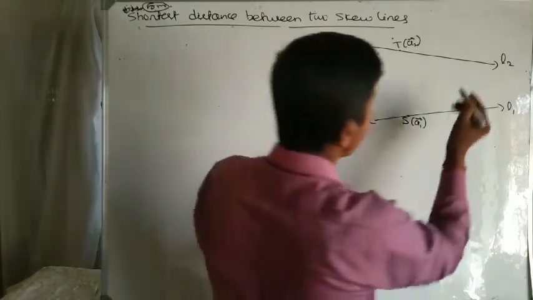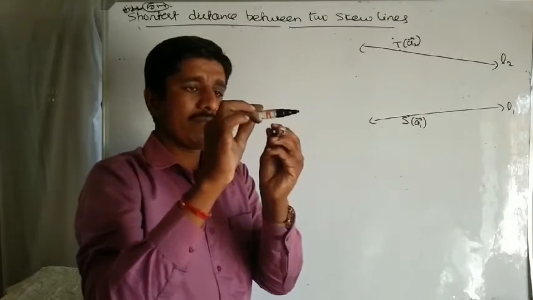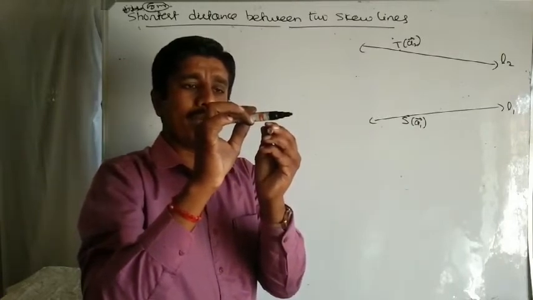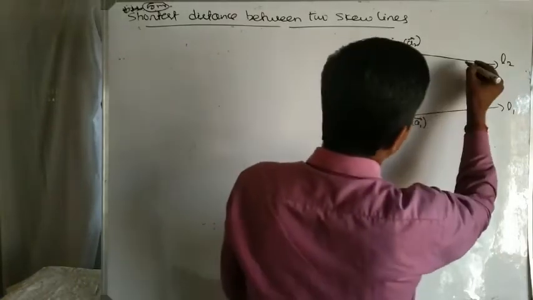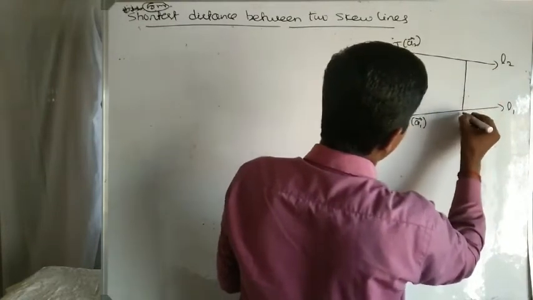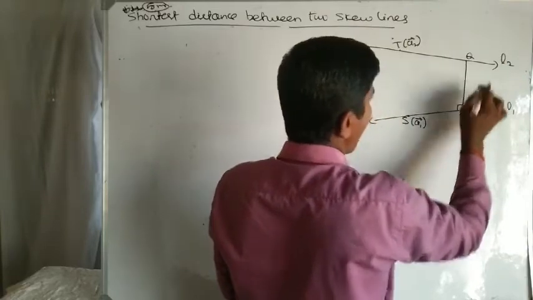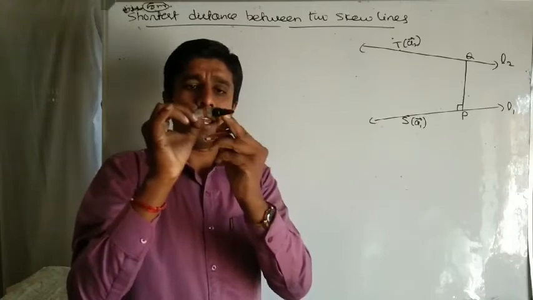Correct. I am taking here one perpendicular line. Draw a perpendicular line between the two lines, which is perpendicular to both lines. PQ, this line is perpendicular to both L1 and L2. Skew lines like this, I am drawing your line here.